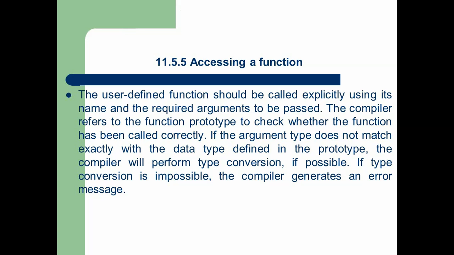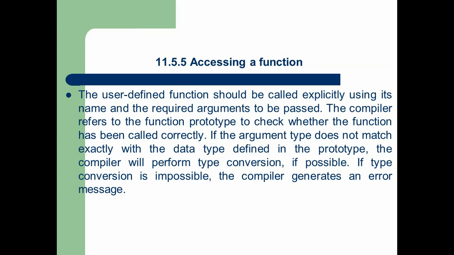Next one, accessing a function. After declaring a function, giving the necessary information like return data type, function name and input arguments, and within the open brace giving the block of code for the function, the user can access the function explicitly using its name and the required arguments to be passed. The compiler refers to the function prototype to check whether the function has been called correctly.